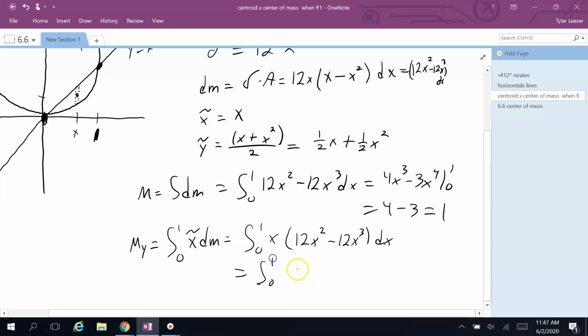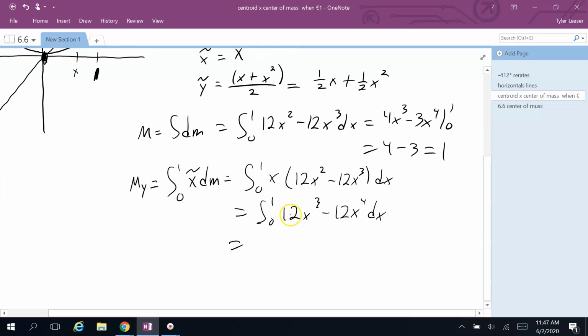Distributing the x, we get 12x cubed minus 12x to the 4th. The antiderivative gives us 3x to the 4th, minus 12/5 x to the 5th, from 0 to 1.